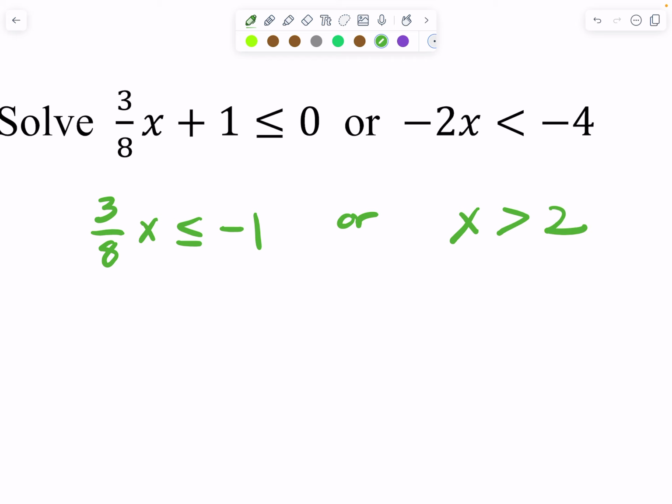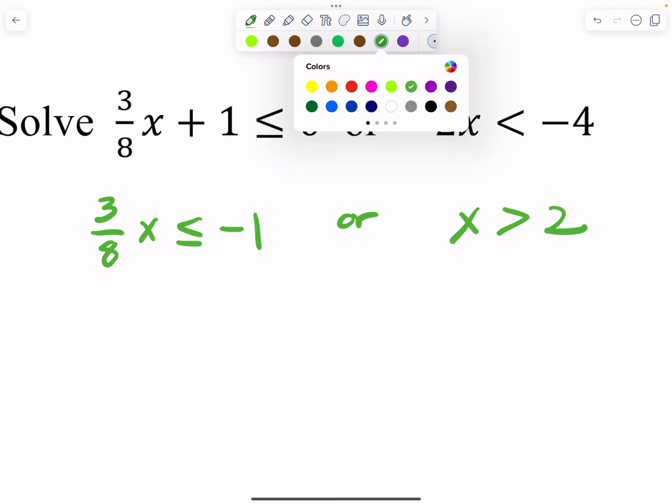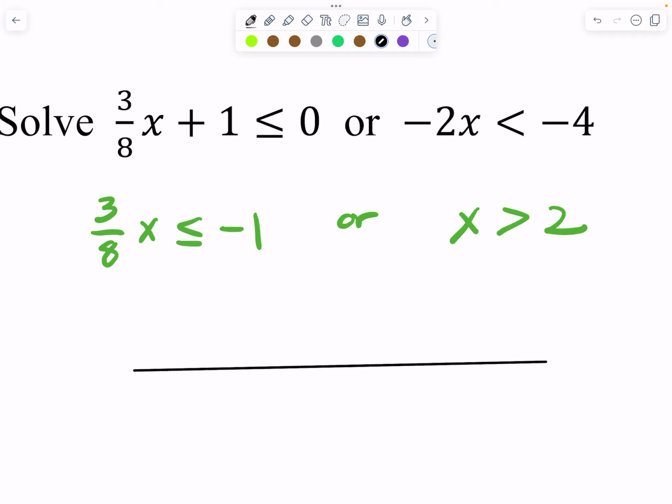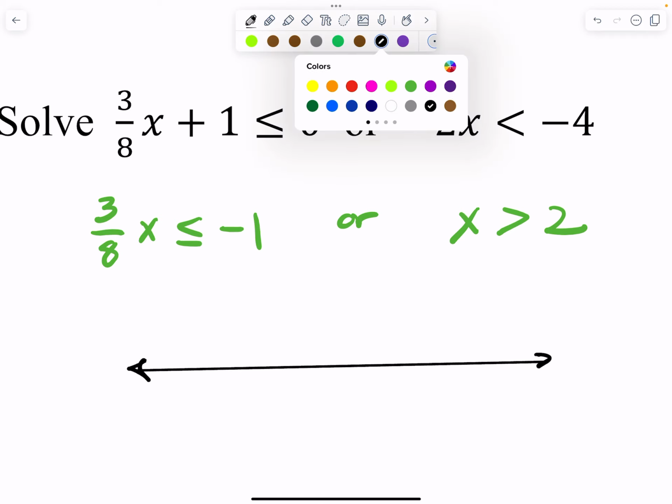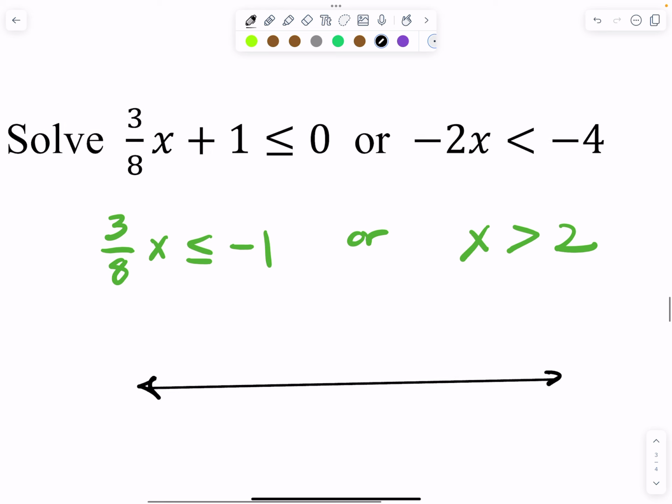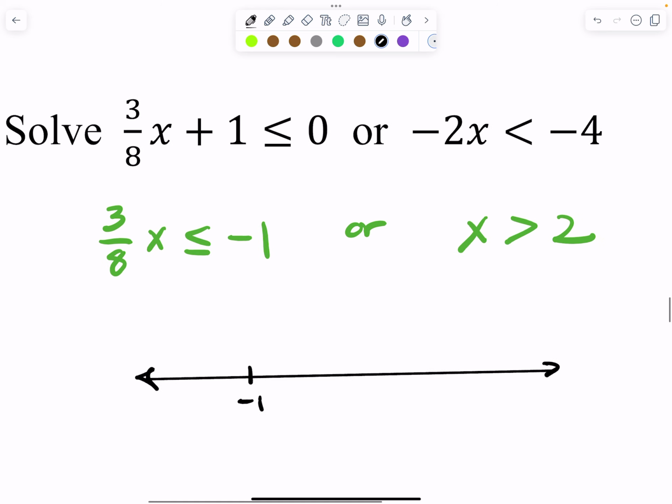So getting x greater than 2. And the or ones especially, I do think it is helpful to reference the graphical representation. So thinking -1, 0, 1, 2.